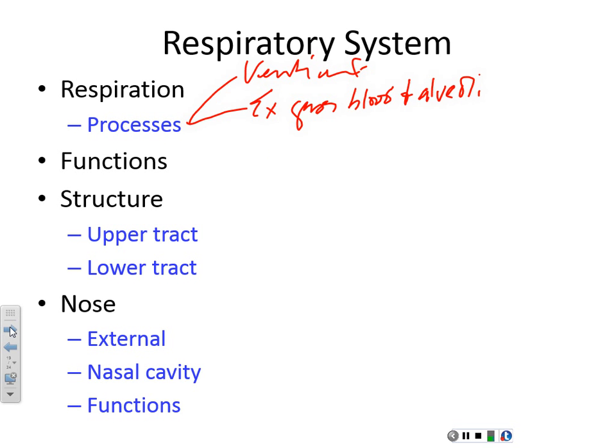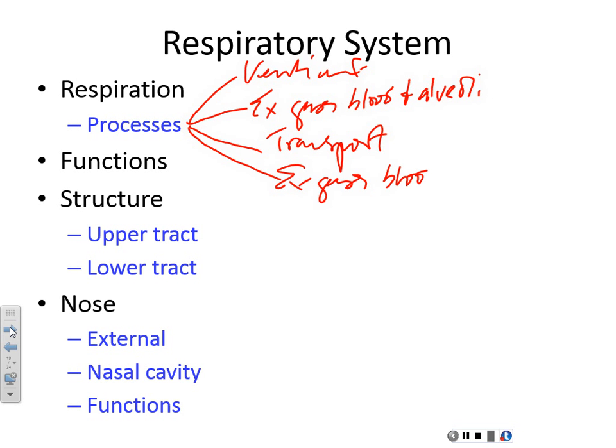And then you've got to transport it. Sometimes I might ask, what are the processes involved in respiration? Then you describe them and talk about it. Once you transport it, it goes to the tissues, so you've got exchange of gases between blood and cells, or tissues, body cells.